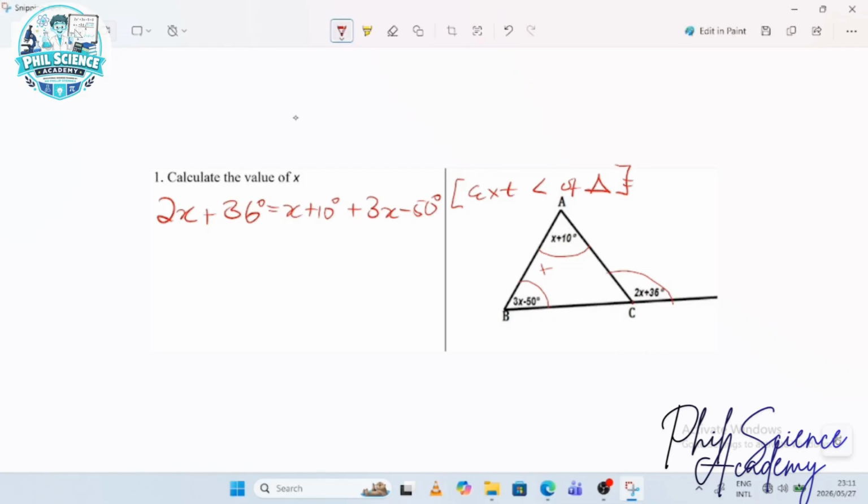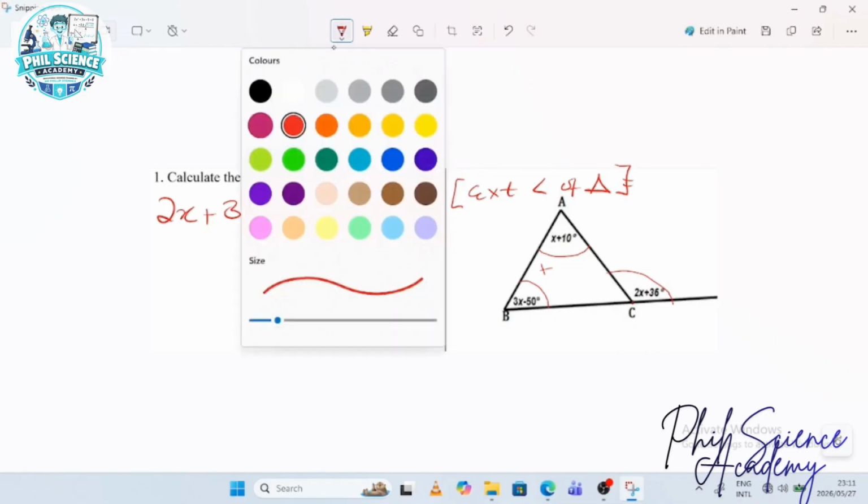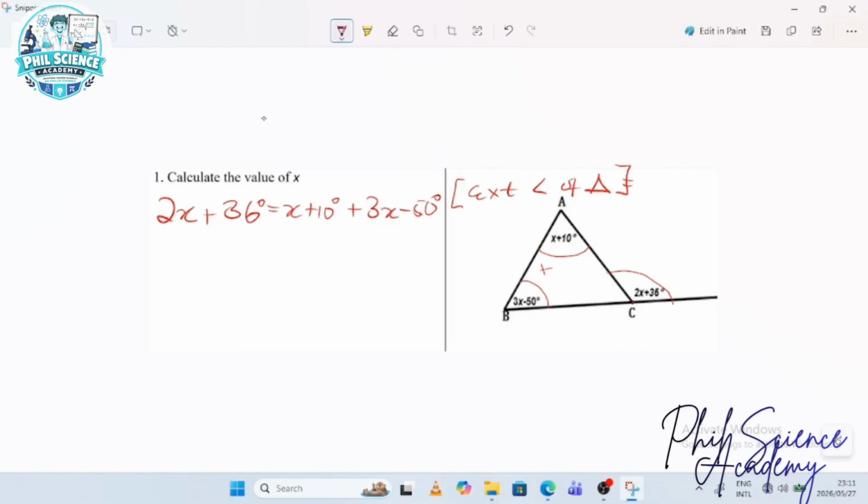So now let's go ahead and do the algebra and solve for x. Basically, I will take every value that is an x variable and put it on the left hand side. I will take this x and put it this side, and also take this 3x that side.